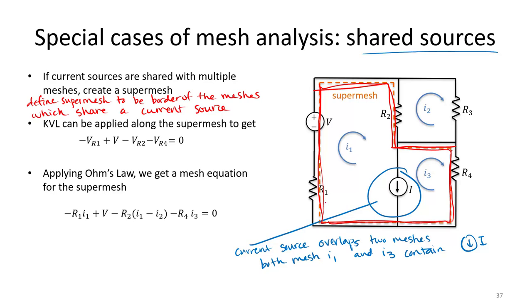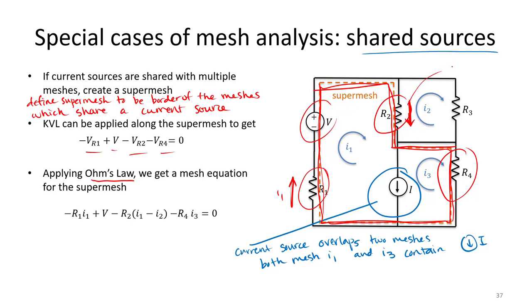So here you can see what we did. We summed up the voltage rises and drops across each component, and we are left with a supermesh equation. And then we can apply Ohm's law to our Kirchhoff's voltage law, and notice we can recognize what currents are flowing through each component.